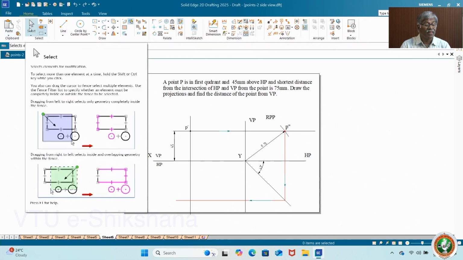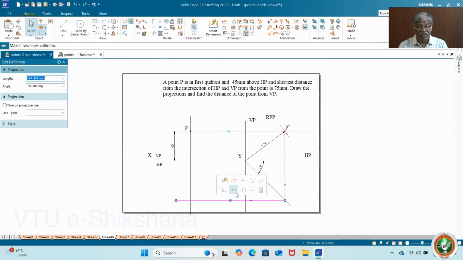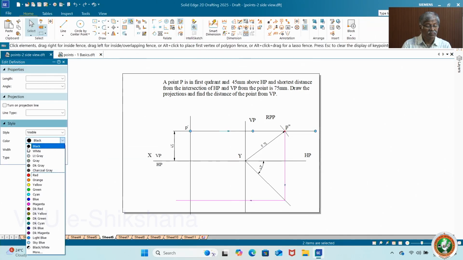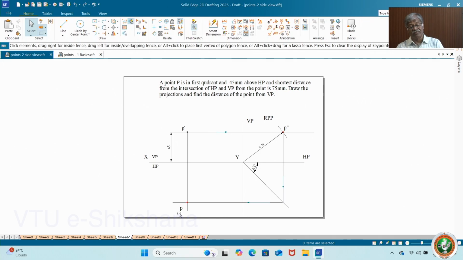This is actually a projection from the side view towards the HP area so that you get the top view here. Now the intersection of the vertical projector of P and the projector from P dash through the 45 degree line gives you the actual P. Now this is P.